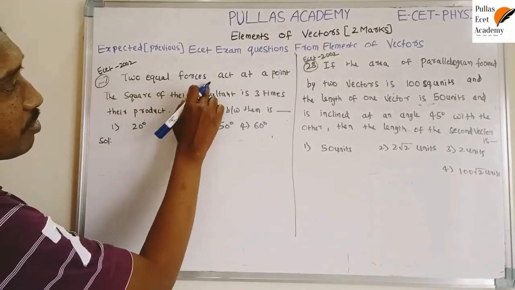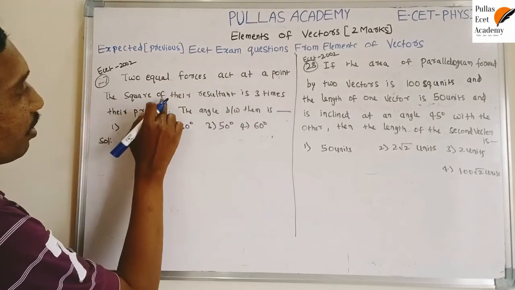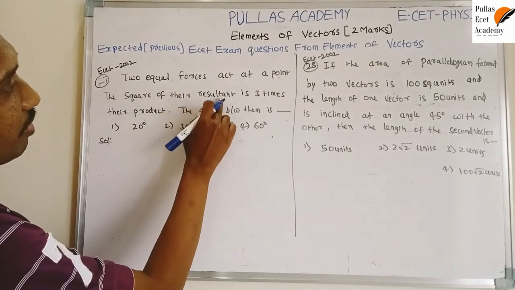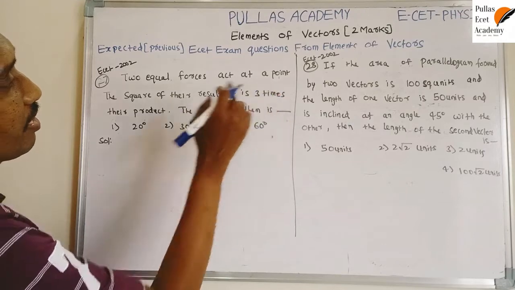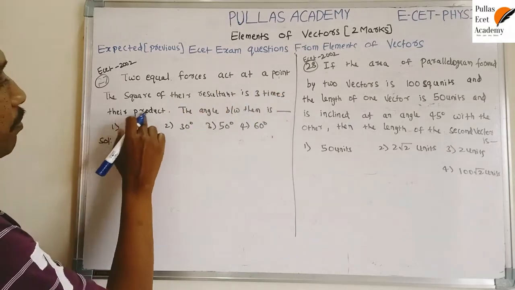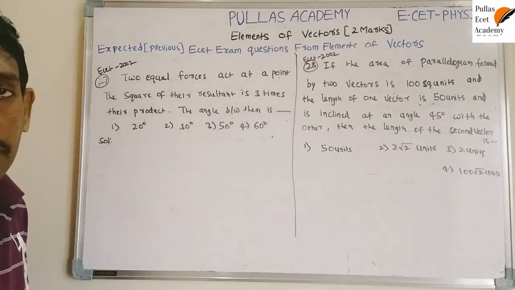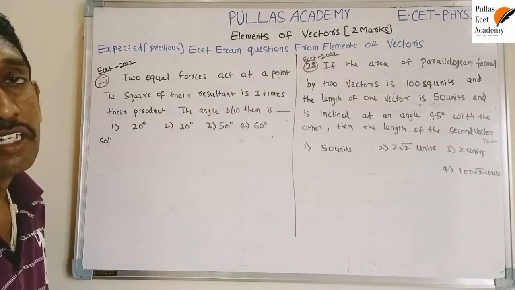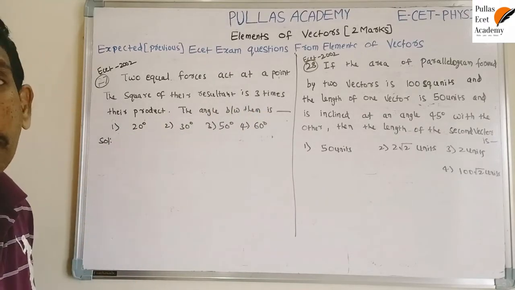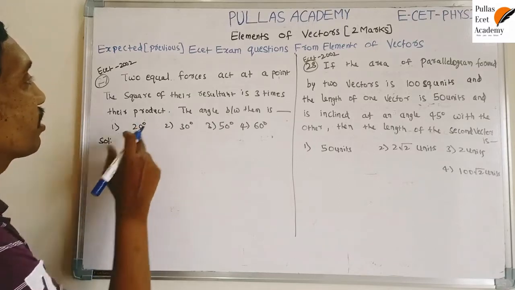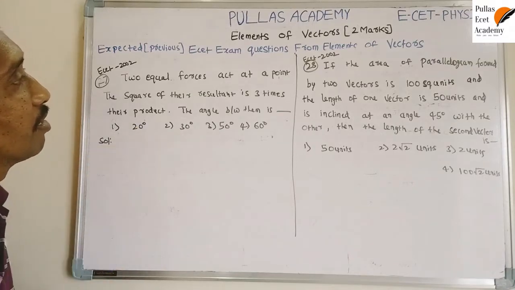The next question is asked in the ESET 2002 paper. Two equal forces act at a point. The square of their resultant is 3 times their product. The angle between them is asked. This question is on the parallelogram law of vectors, and it is repeated.